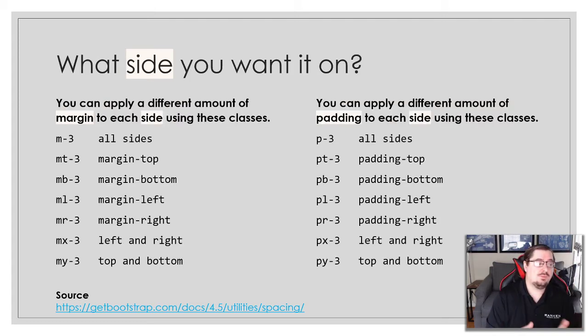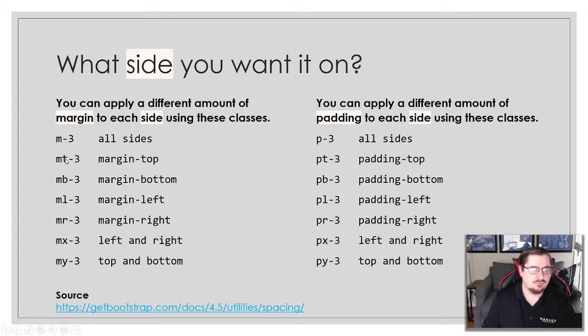So once you've determined how much spacing that you need, whether it be margin or padding, you also might want to ask which side you want that spacing on. The classes that we talked about on the previous slide apply the same spacing to all sides. So M3 will apply 1 rem of margin to all 4 sides. P3 will apply 1 rem of padding to all 4 sides.